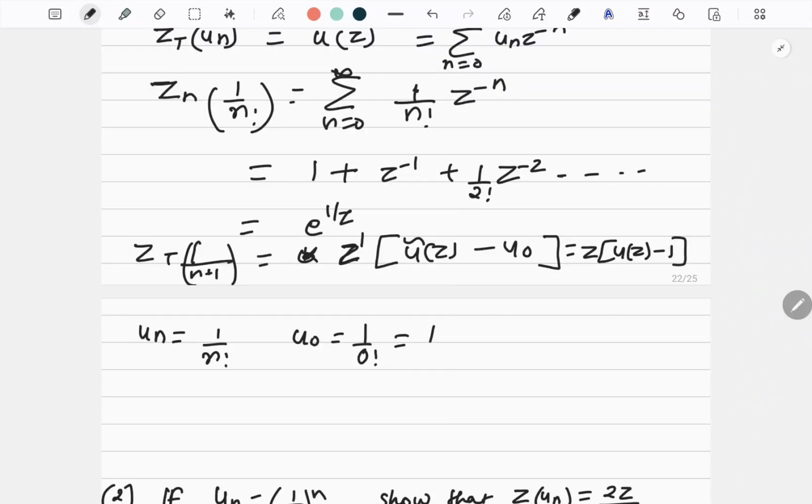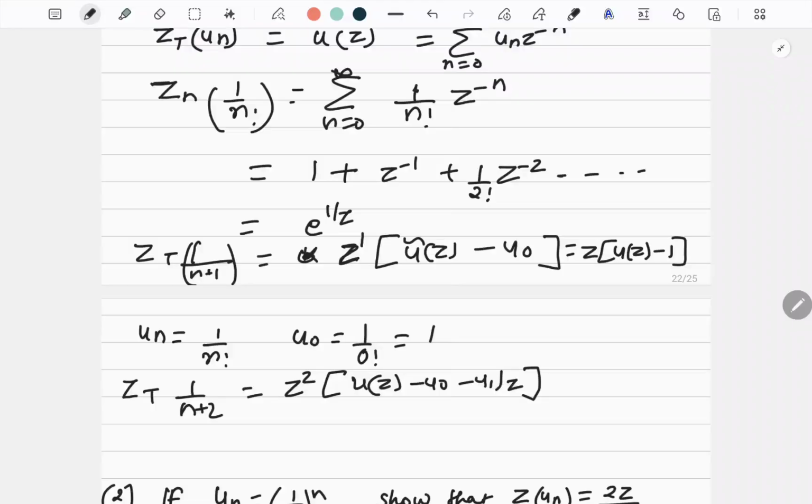Answer. Same way, when I ask you for the Z transform of 1 upon n plus 2, this is z square U(z) minus u_0 minus u_1 by z. Now the u_n value is 1 upon n factorial. So u_0 I am clear. If I do 1, u_1 is equal to 1 upon 1 factorial, which is 1 only.